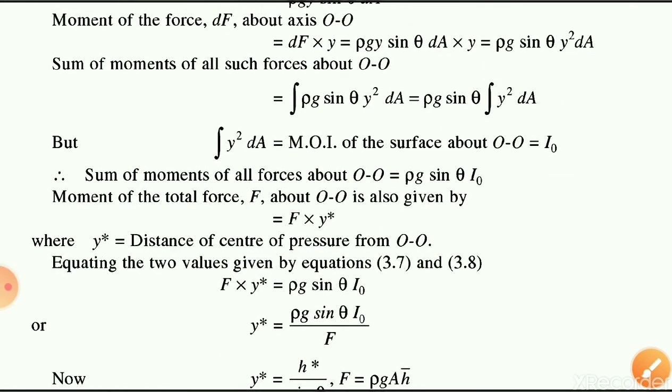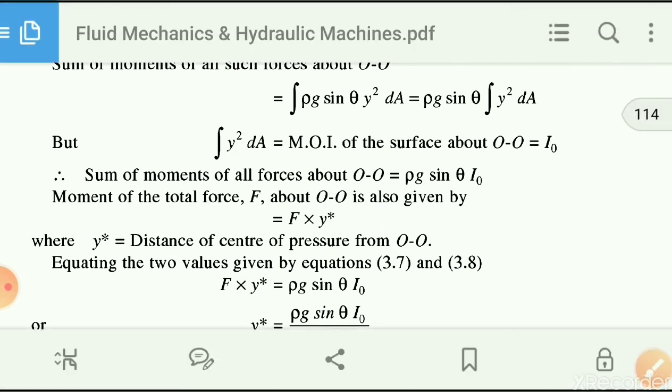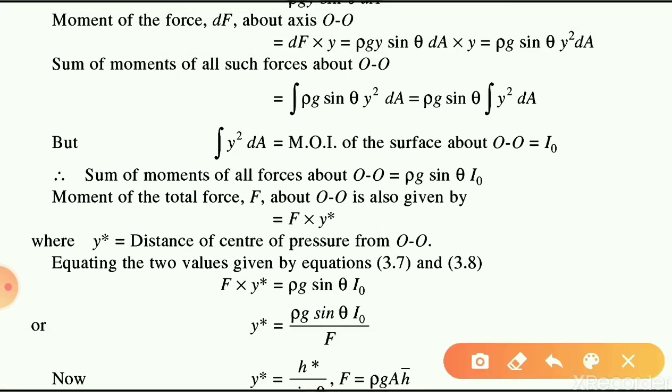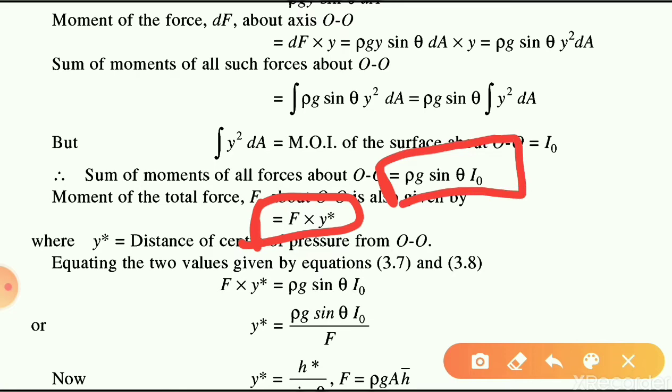Hence if we replace this, we get the sum of the moments about axis OO as ρ g sinθ I0. Now for the force capital F, which we found above, the moment of this force about the axis OO will be F multiplied by y*. So these two moments, F multiplied by y* and ρ g sinθ I0, will be equal.